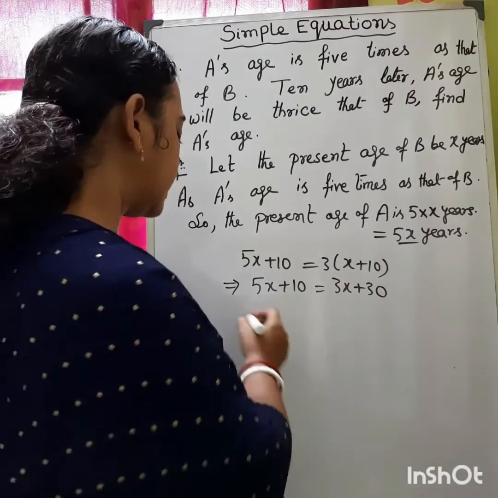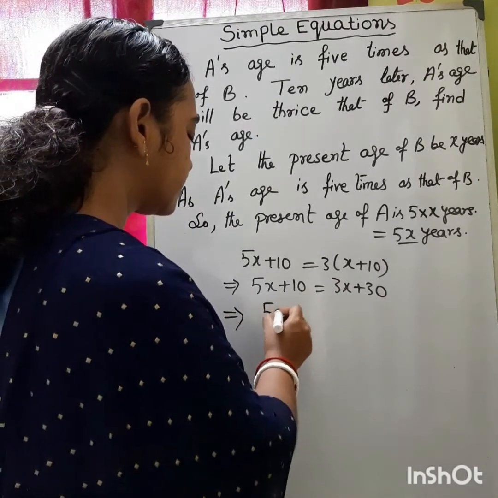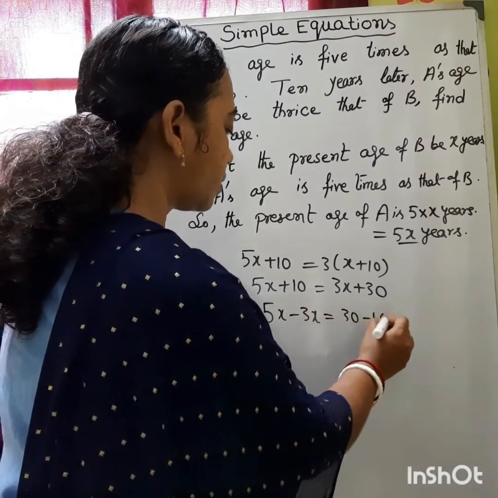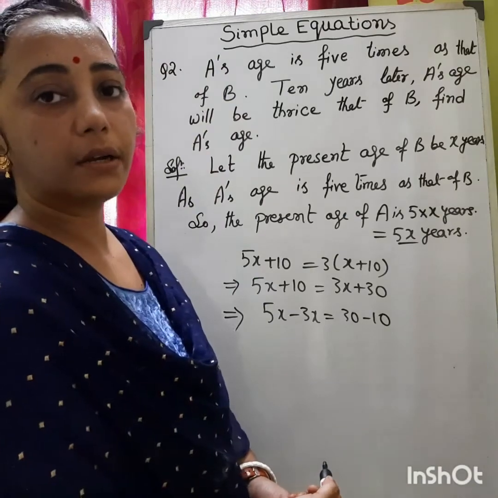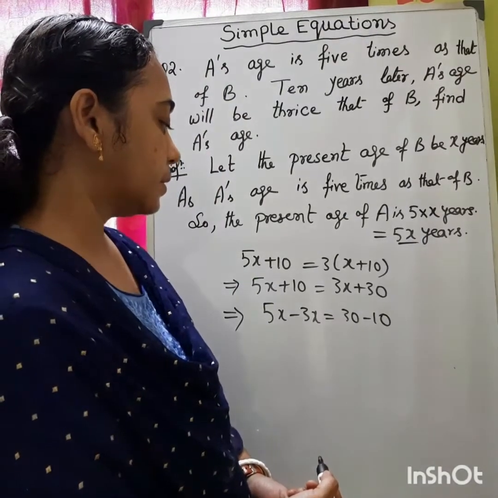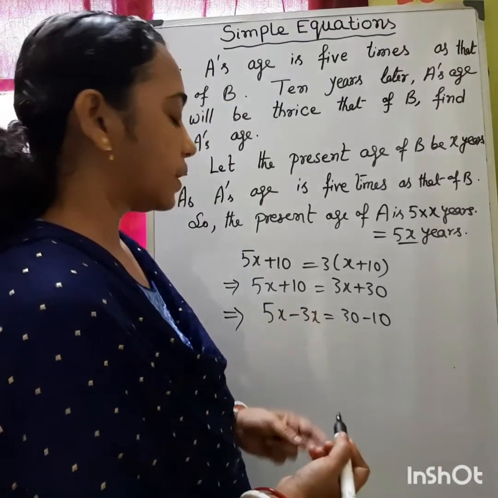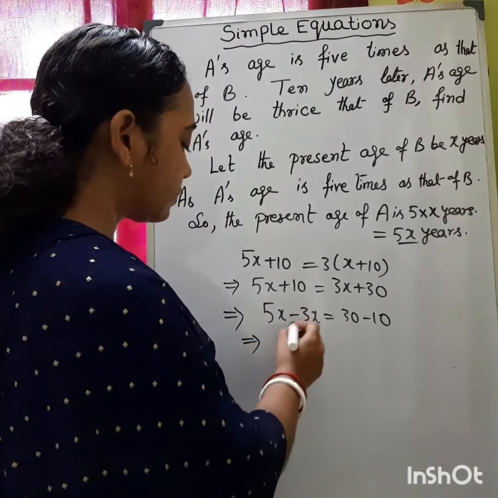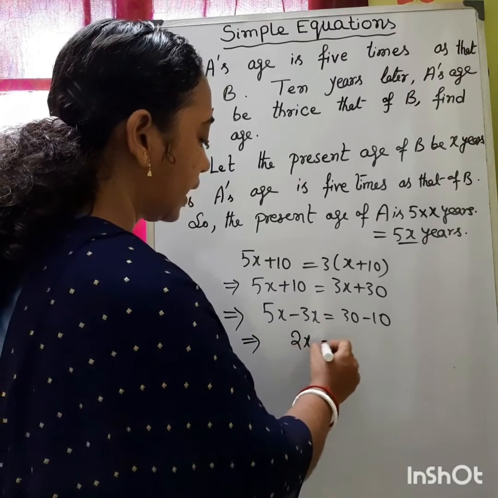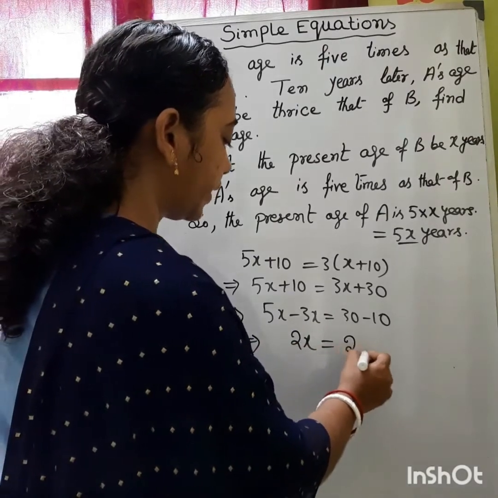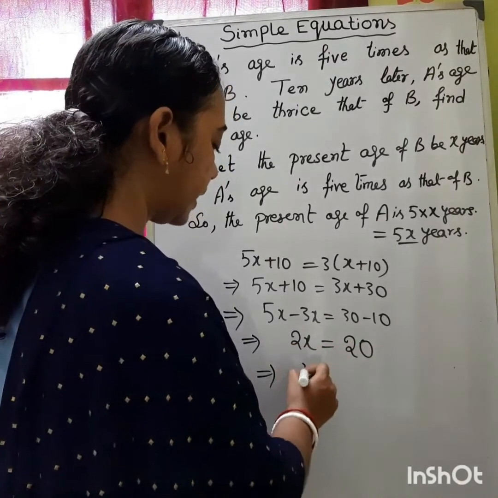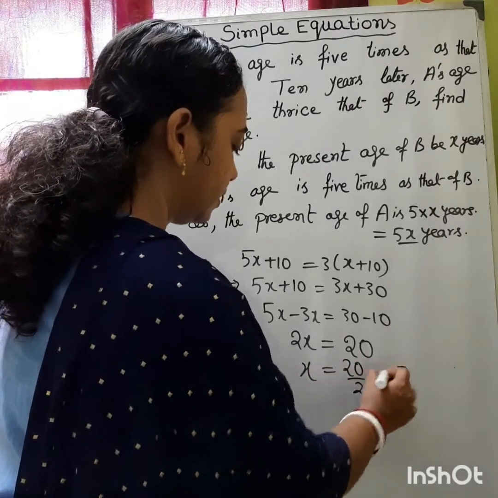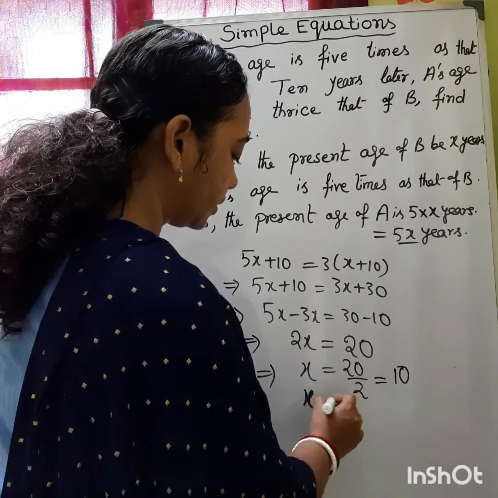So this implies 5x minus 3x is equal to 30 minus 10, because we will separate the variables and constant terms: all variables on the left hand side and all constants on the right hand side. So 5x minus 3x becomes 2x and 30 minus 10 becomes 20. So x is equal to 20 by 2, that means 10. So again we are getting x equal to 10 here.